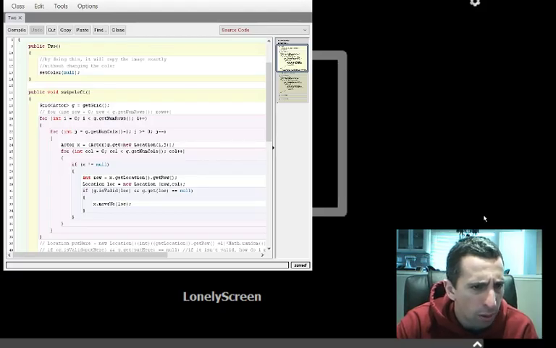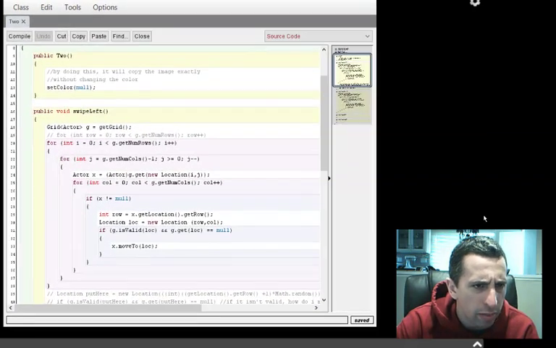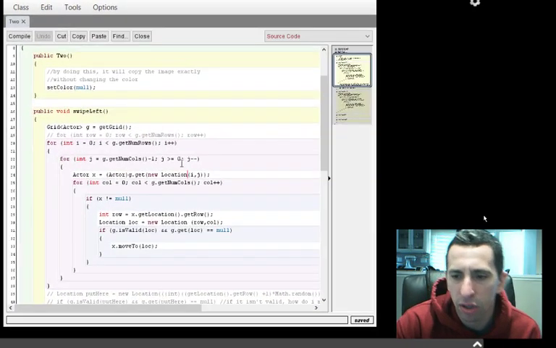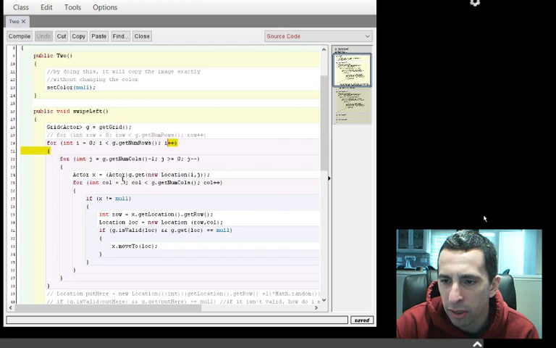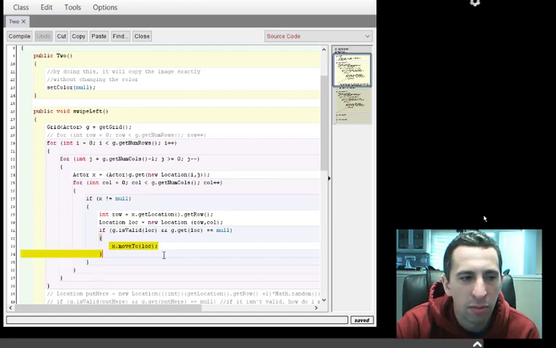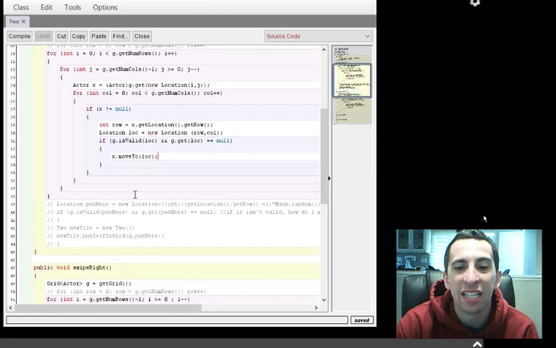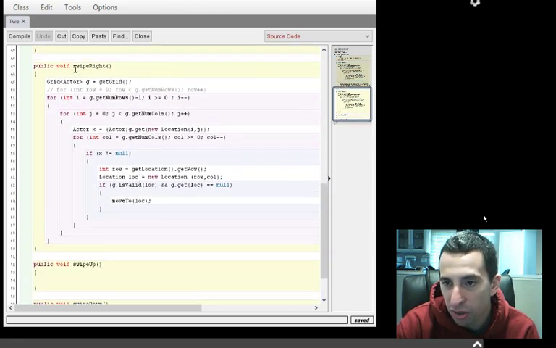Okay, so here's Mia's code. Mia, here is the issue. Here's how your swipe left works. You loop through everything, you get the actor in that spot, and as long as that's actually an actor, if it's not null, then you tell it to move to. This is good. This is why it works. Here's why your swipe right doesn't work. In your swipe right, you're just calling move to.